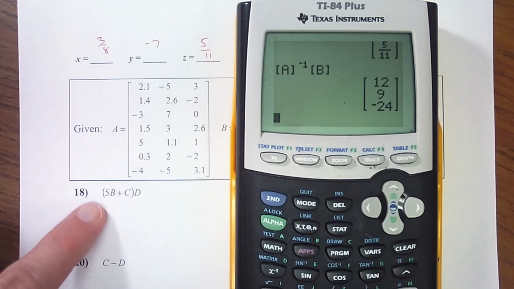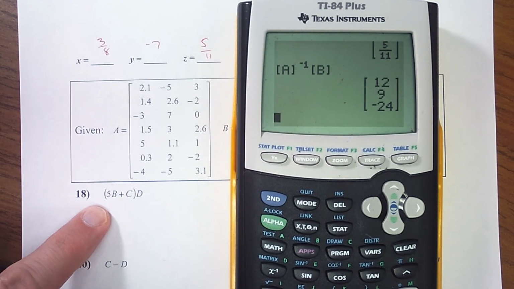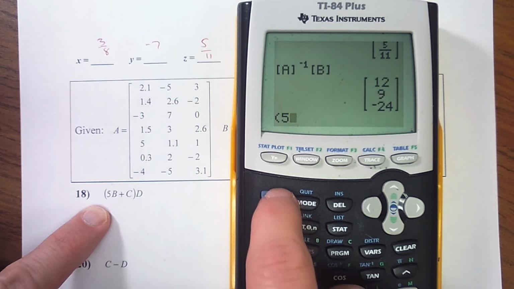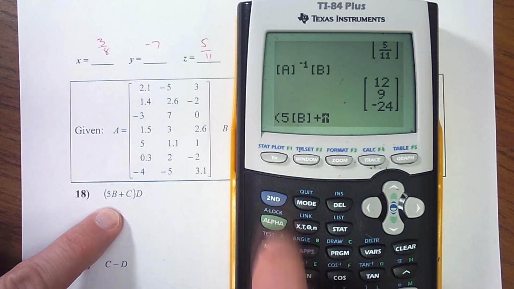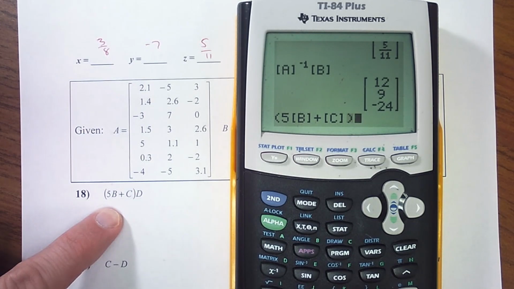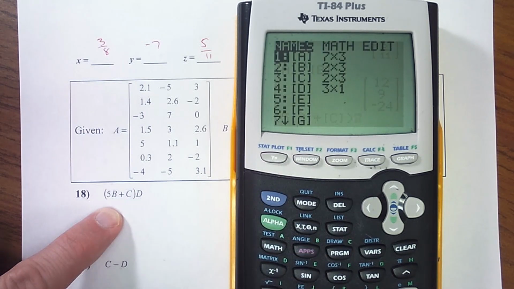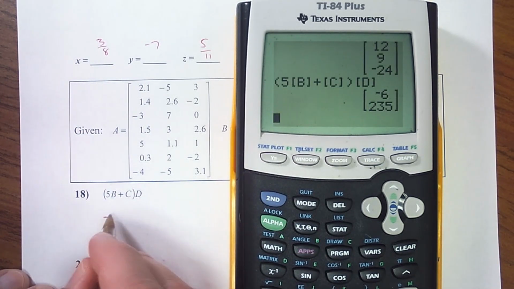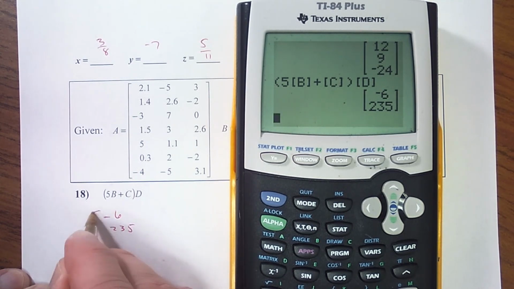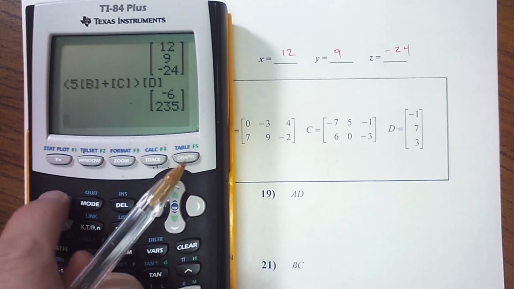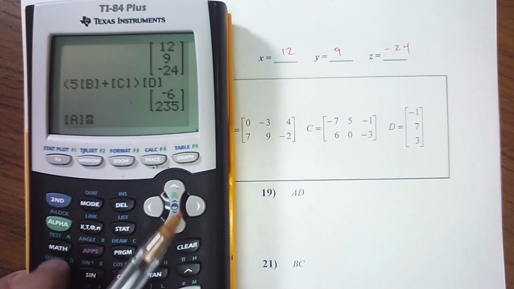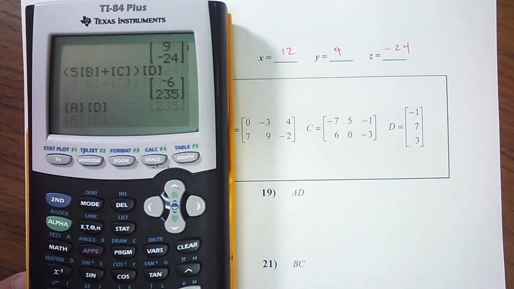And then we have 5, so parentheses, 5 times matrix B plus matrix 3 times matrix 4. Okay, so negative 6, 235. A times D, so second matrix 1, second matrix 4.